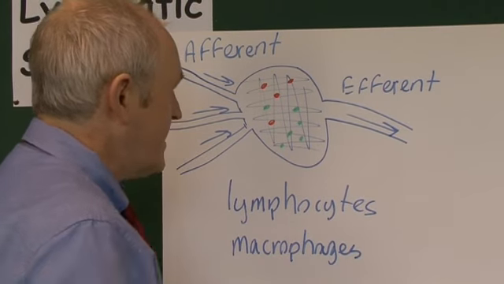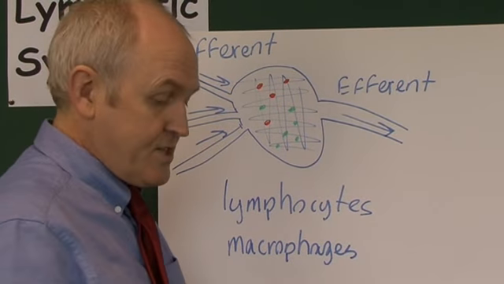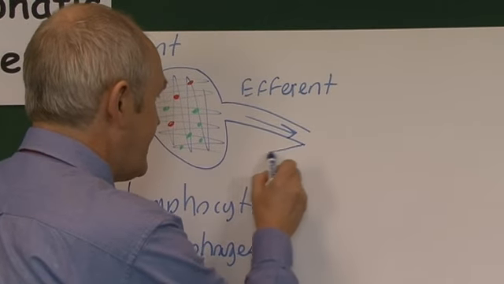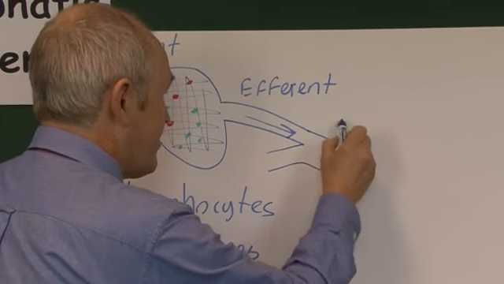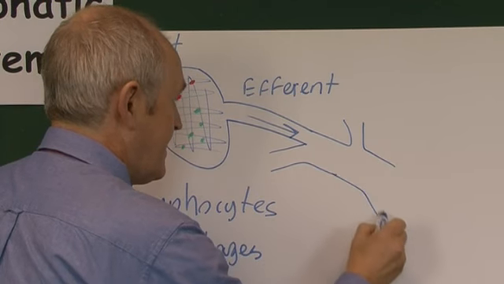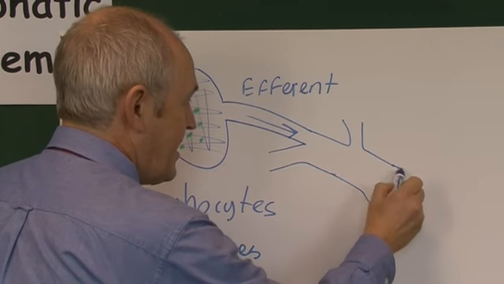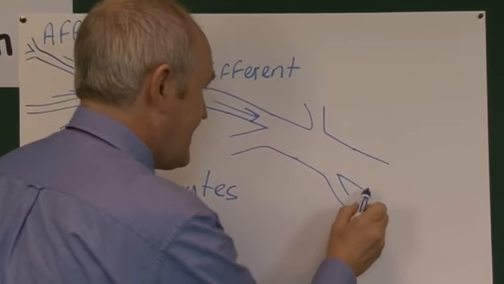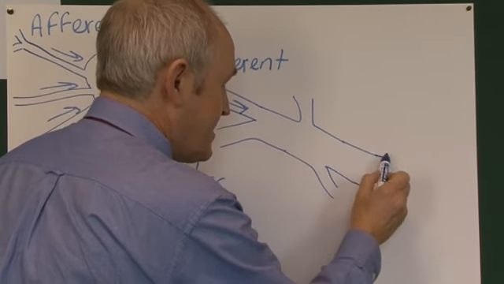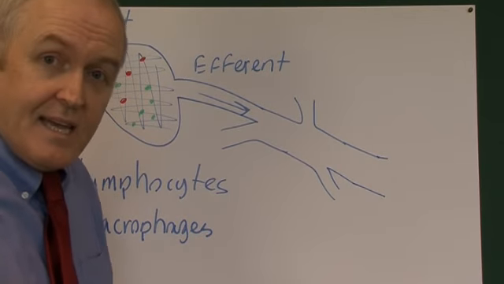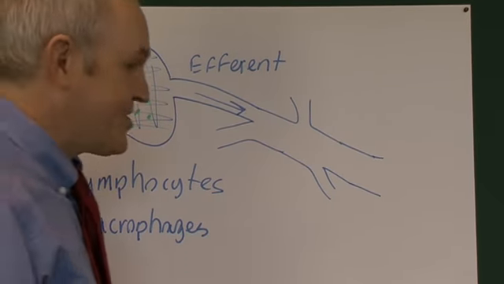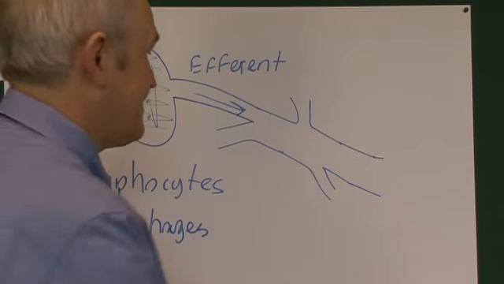Now these efferent lymphatic vessels, several of them are going to join up to form larger lymphatic vessels called lymphatic trunks. And eventually these form very large lymphatic vessels called lymphatic ducts. And we'll see these in more detail later, but for now, let's notice that the lymphatic ducts drain into large veins.